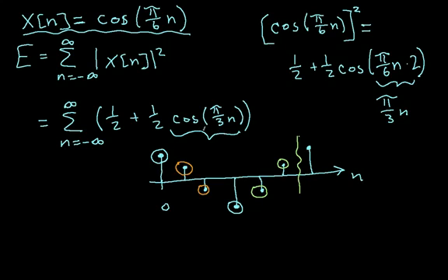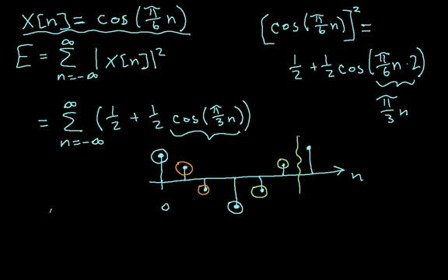If I look at the next 6 samples, again the cosine will sum to 0. And so what that means is, because I'm summing over all possible values of n, every group of 6 consecutive terms in the sum is going to be 0.